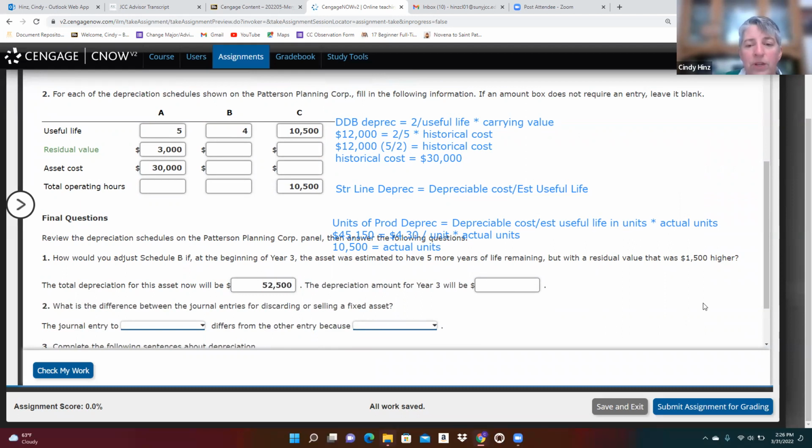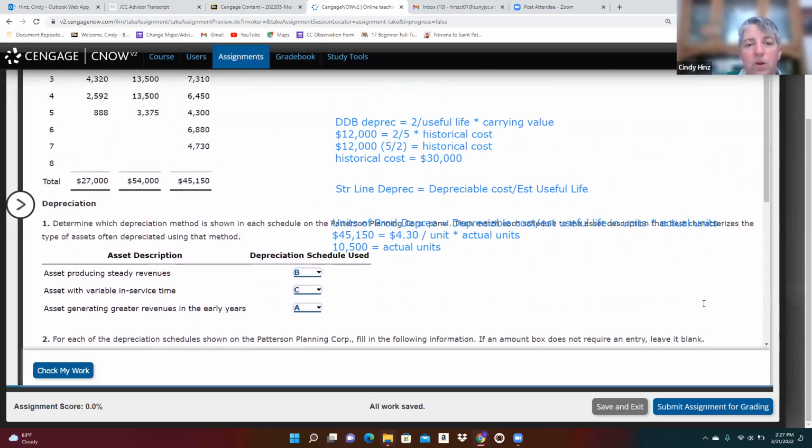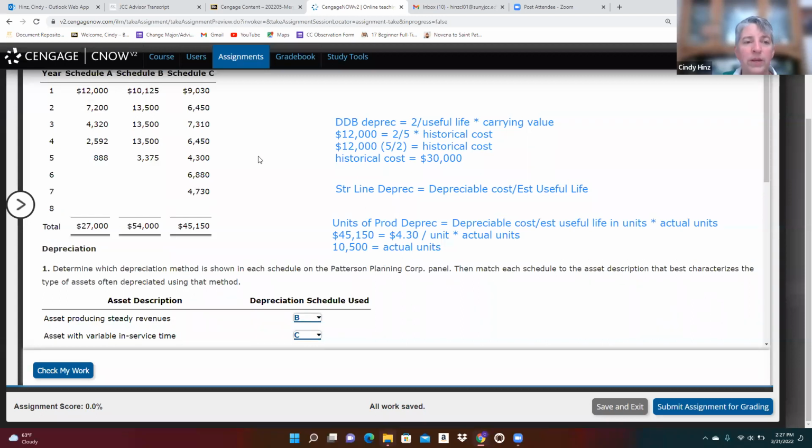The depreciation amount for year 3 will be, okay, so in year 1 and 2, we didn't have this information. So in year 1, we had already recorded $10,125 of depreciation. In year 2, we then recorded another $13,500. So I should probably write this on the screen. And so we started with $52,500 that we were going to record in total depreciation for this asset.